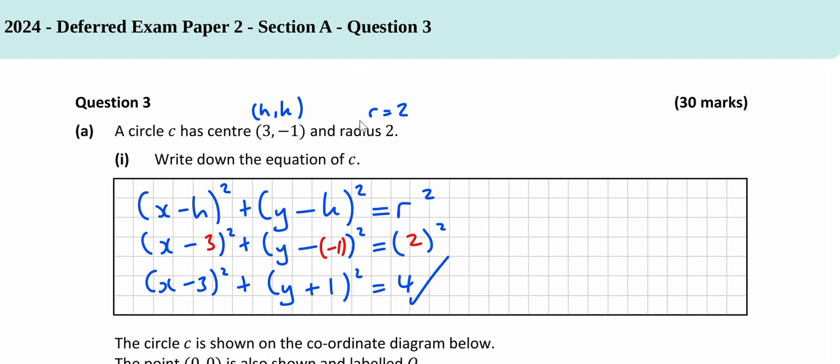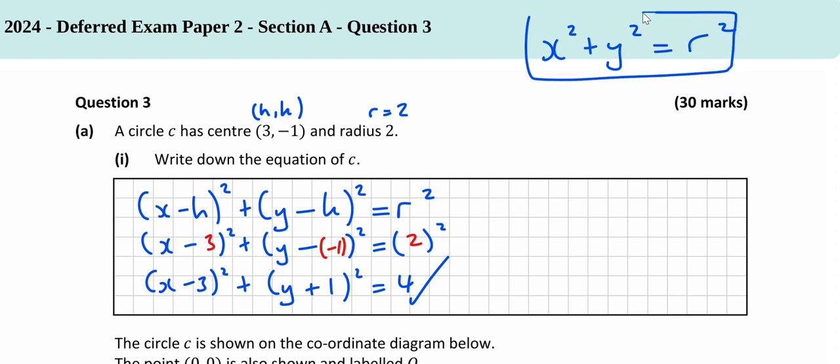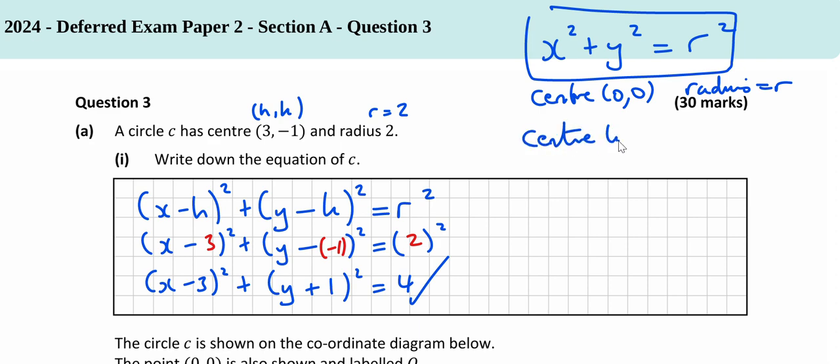One special note: you're supposed to recognize that this has centre (0, 0) and radius r. For example, somebody might come along and say, I've got a circle with centre (0, 0) and a radius of 10.